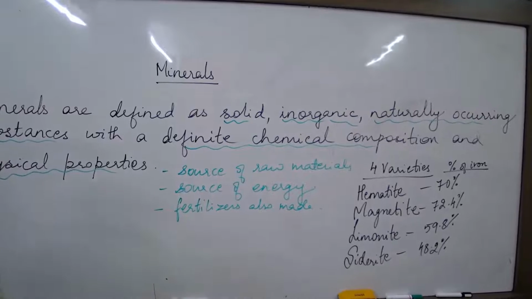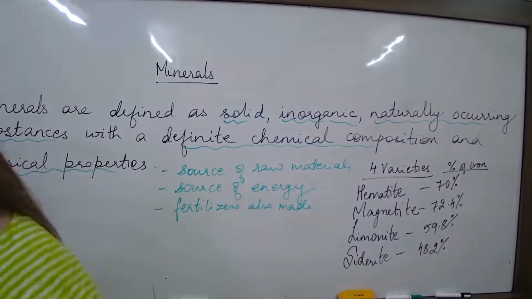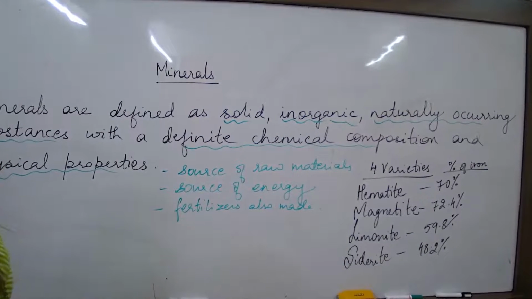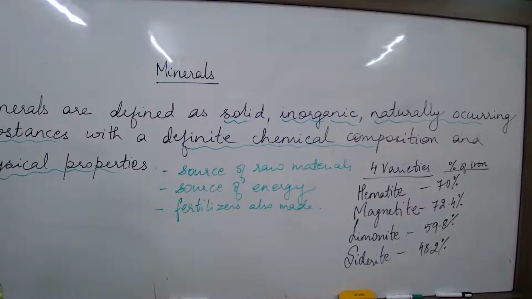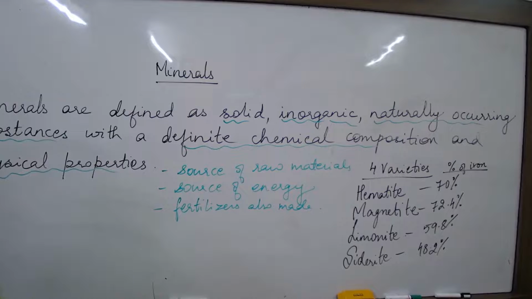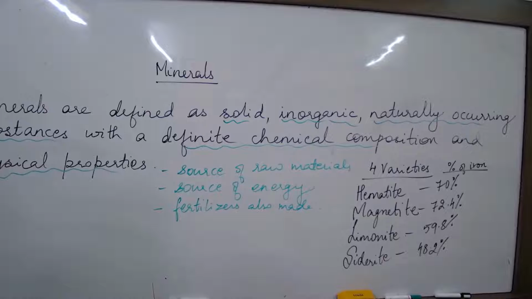This point there is that manganese is used to form a number of important alloys. So that is an addition. That's why study both in combination. You might find some points which are here but not there, and the other way around.